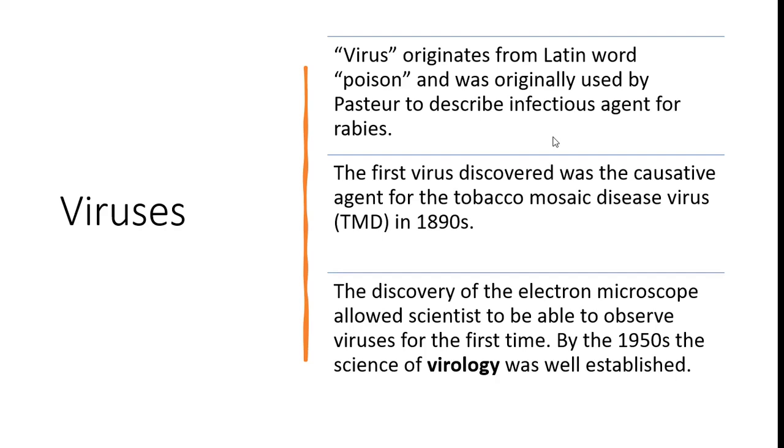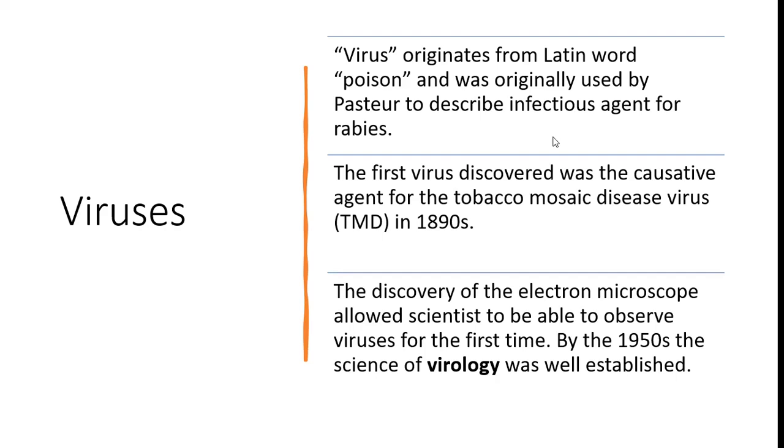Now, in the 1890s, they just realized again that there was a causative agent for the disease, and then in about the 1930s, they actually isolated that causative agent and realized what a virus was. Now, why did it take a span of 40 years or so? Because unlike bacteria and some of the eukaryotic microbes, in which a microscope is able to help us identify and look for them, the viruses are so small that a standard microscope didn't work.